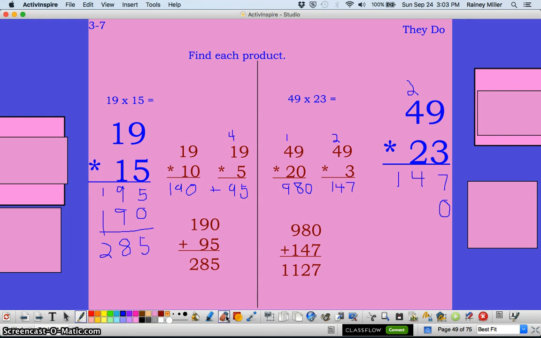And so I don't make the same mistake I made last time, I'm going to erase this up here just so I don't confuse myself. Okay. Now I'm going to take 2 times 9. That's 18. And then I'm going to take 2 times 4.